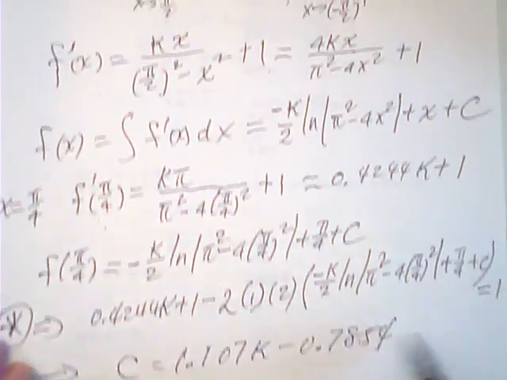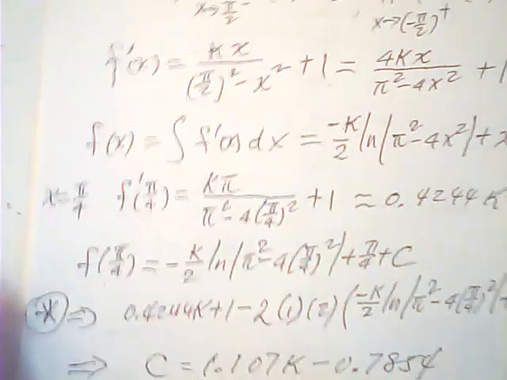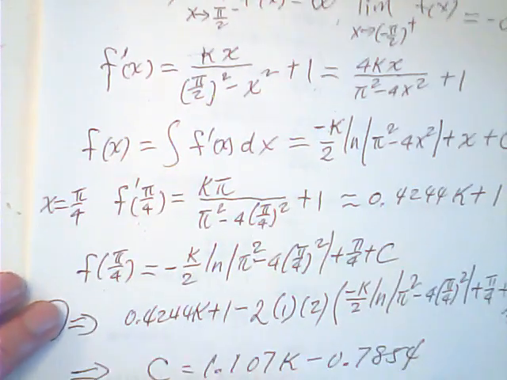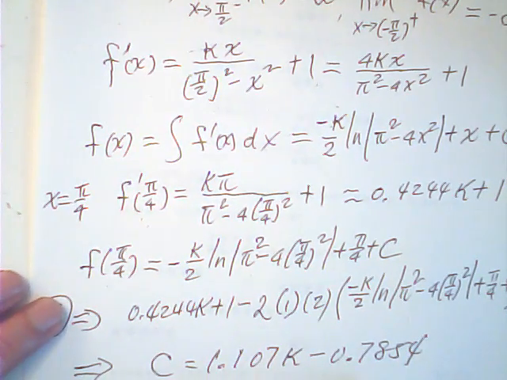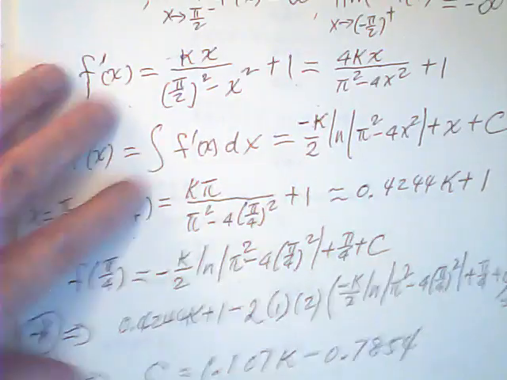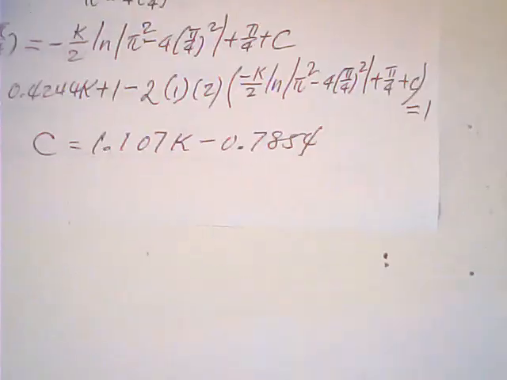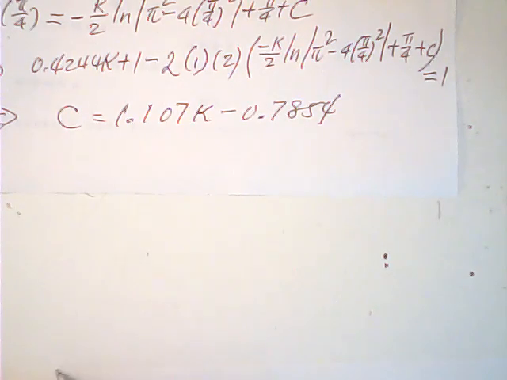Okay, I did my homework. It's just tedious calculation. It's nothing important. Now, okay, I find one equation. I need another one because we must find a k and a c. We needed two equations. So we create another equation by taking the value of x equal to pi over 3.